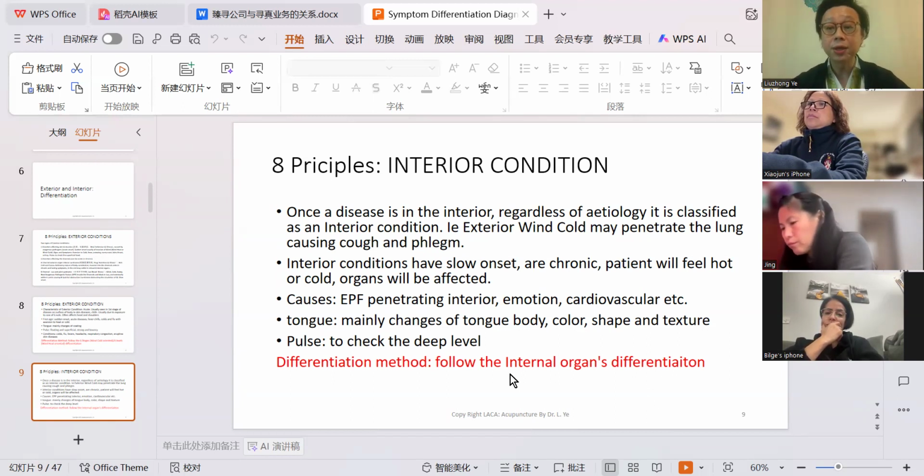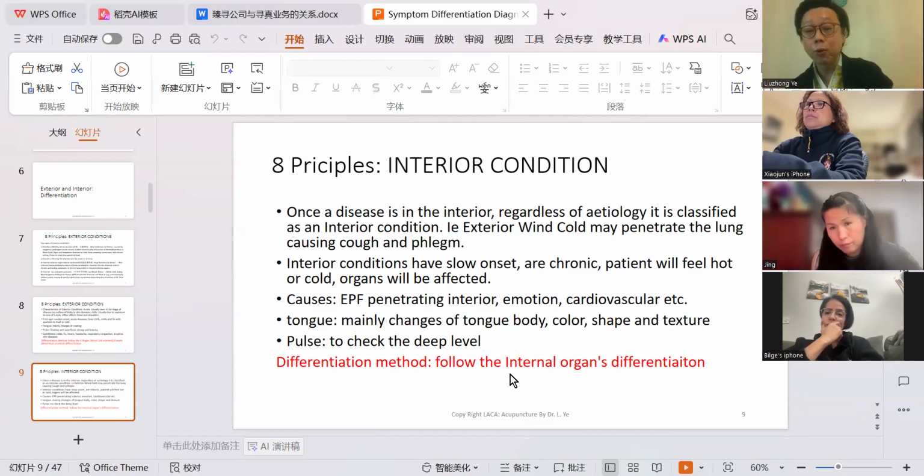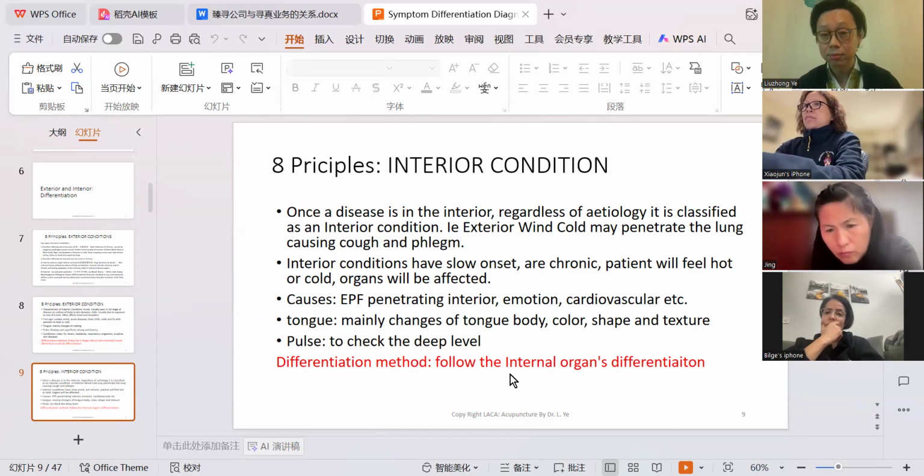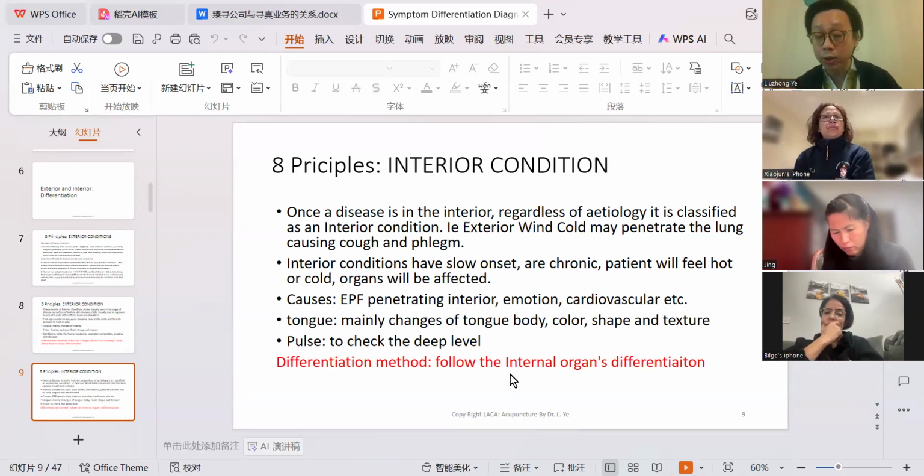There might be a progression of one certain condition. But as long as you can see an internal organ, particularly these yin organs, being affected, then you can call it interior.